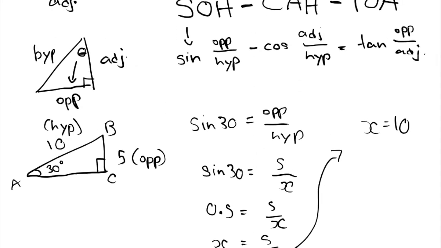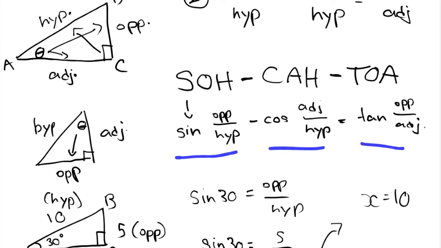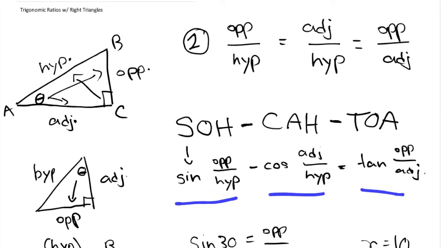Remember, in this video, I only showed the sine ratio, but if you have the adjacent and the hypotenuse, you could for sure use the cos ratio, and depending on your case, you could use the tan ratio as well. You just have to remember the SOHCAHTOA definition that I showed you, and you'll be all set to go when looking at trigonometric ratios.